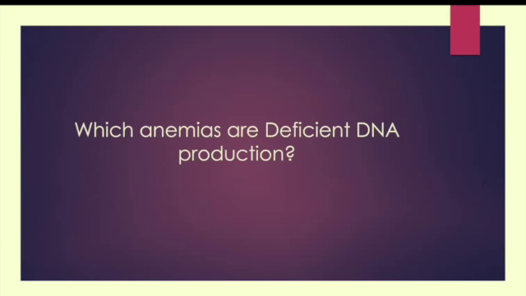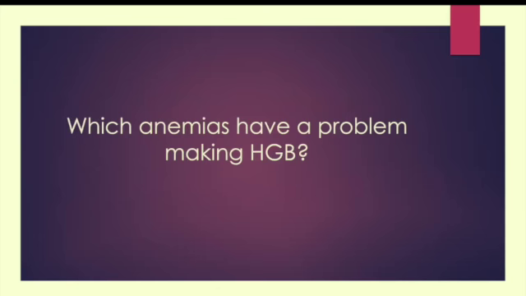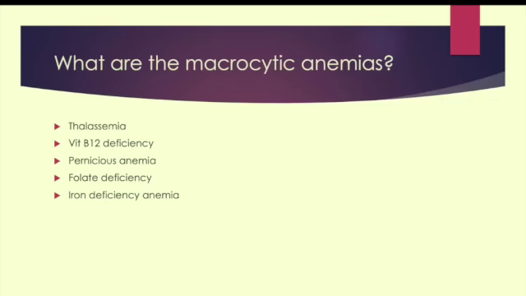What anemias are deficient in DNA production? I feel like that's the sickle cell. So that's the macrocytic anemias. And which anemias have a problem making hemoglobin? That would be your microcytic anemias. What are the macrocytic anemias?